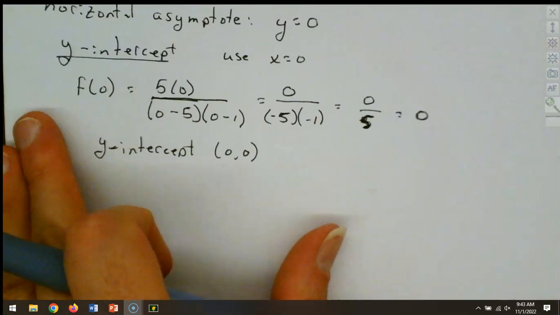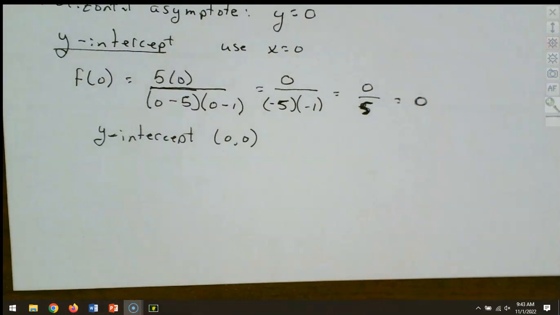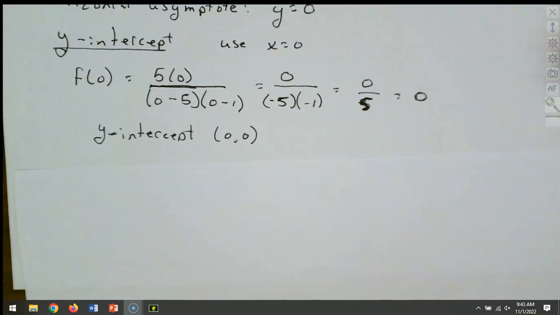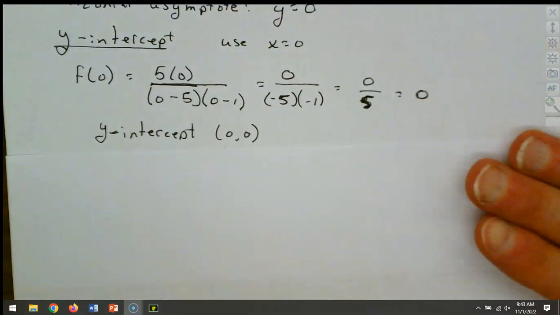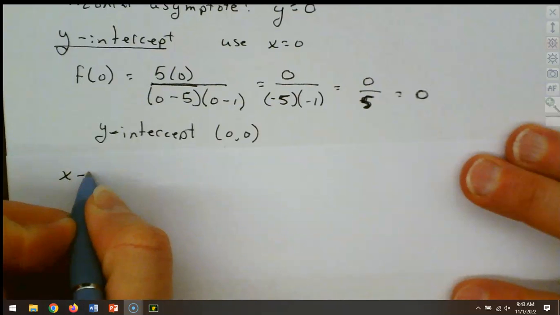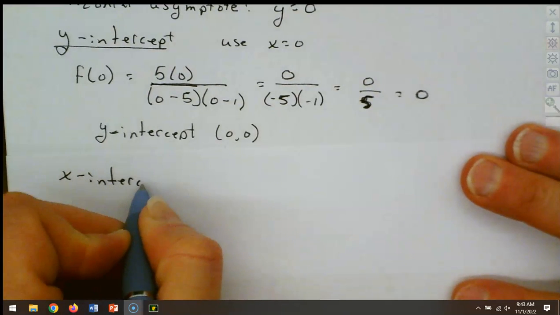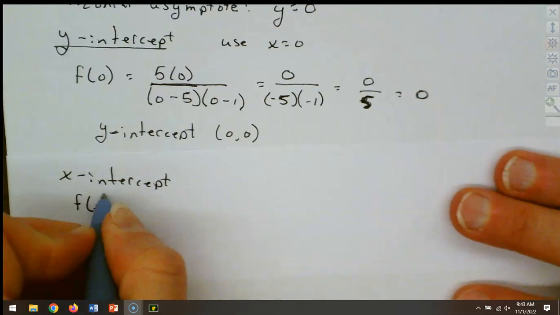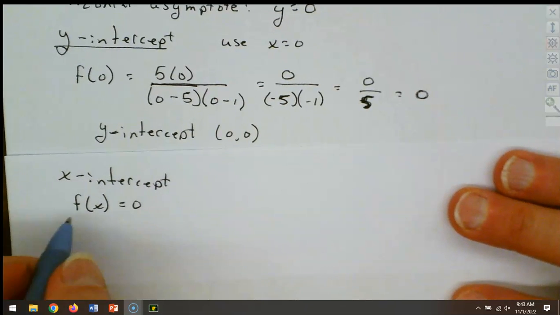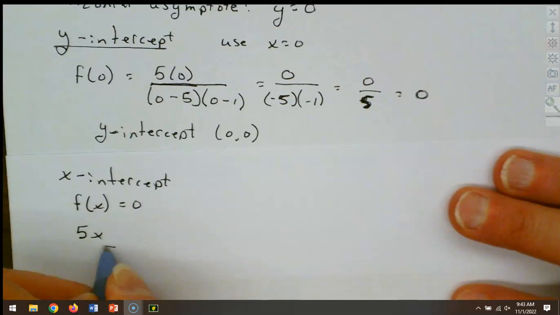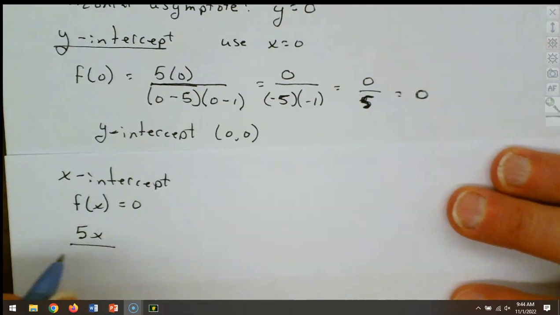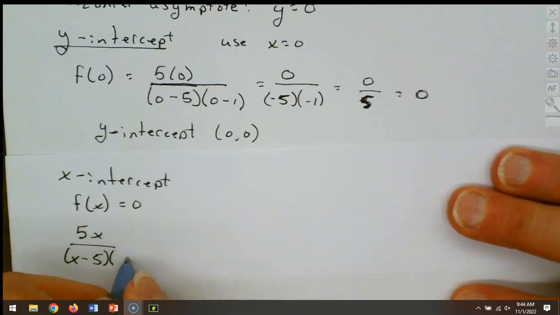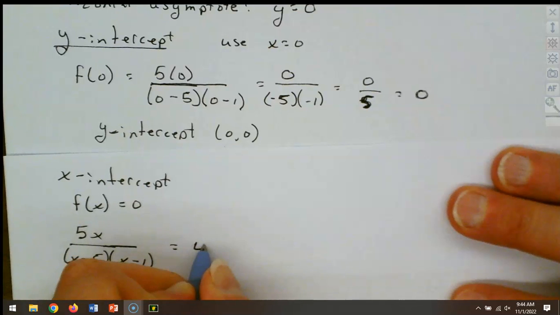So that was the y-intercept. Now we're going to find the x-intercept. How do we find the x-intercept? Well, we set f of x equal to 0. And so that is then 5x over (x minus 5)(x minus 1) equals 0 over 1.